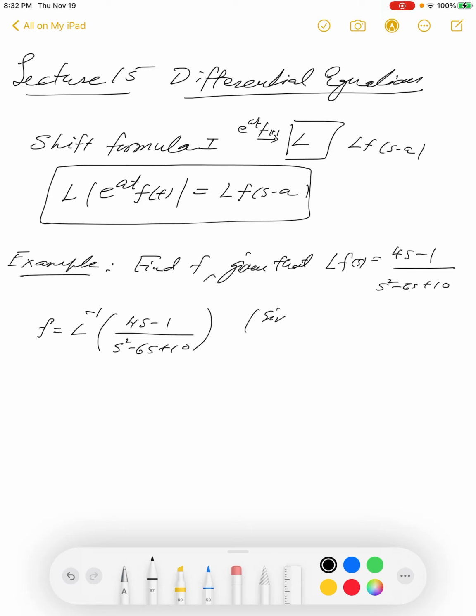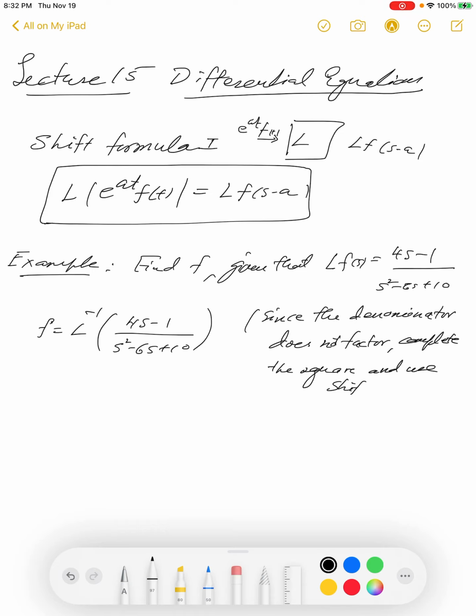Let me just write this remark: since the denominator does not factor, complete the square and use shift formula 1. If it factors, then you will use partial fractions.